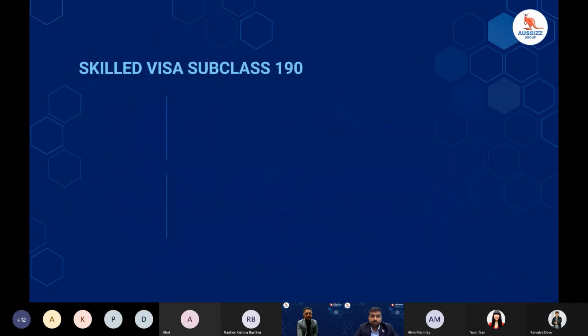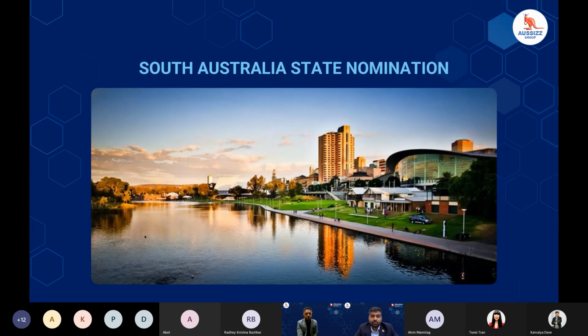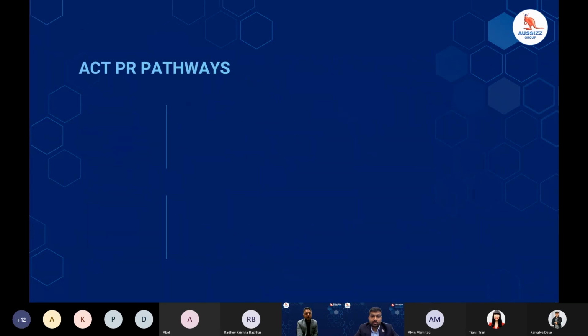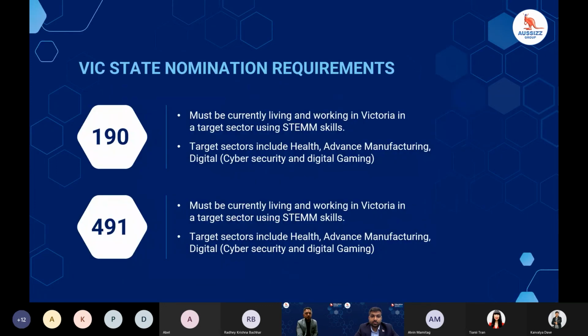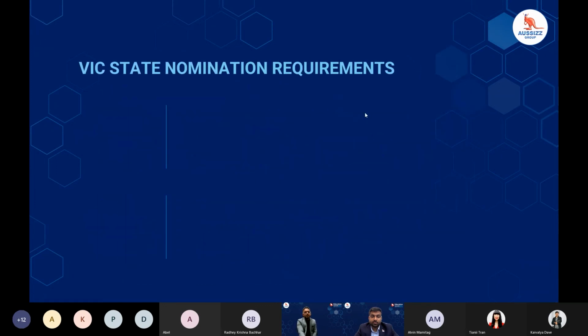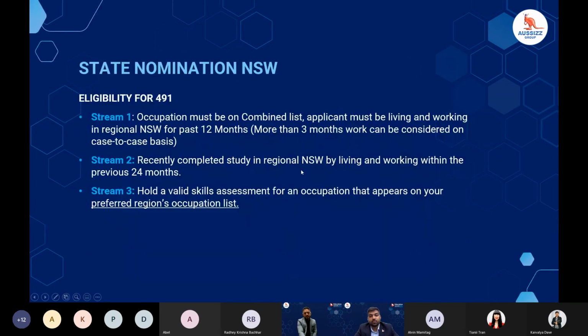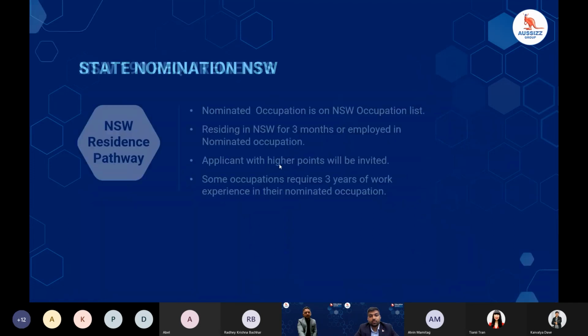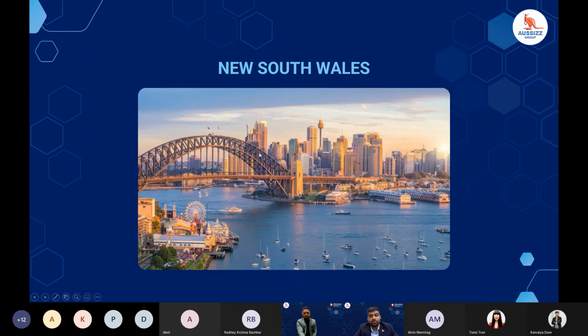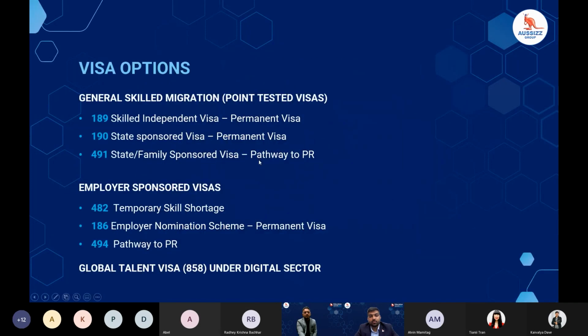So number one is, you must fall under the sectors. If you are an ICT graduate, obviously you already fall under the digital sector of global talent. So that's completely fine.